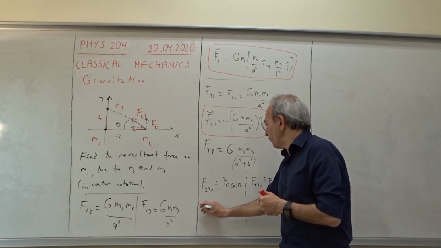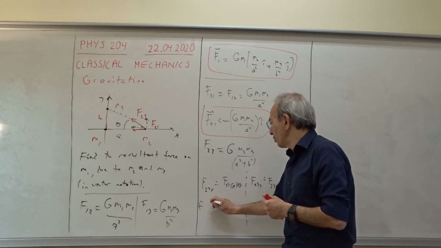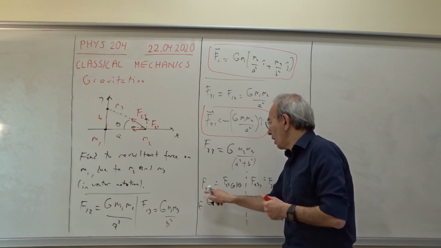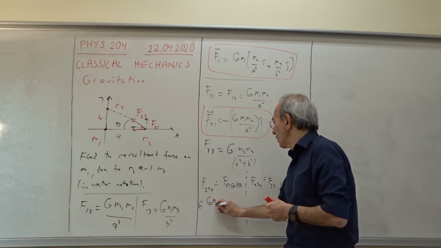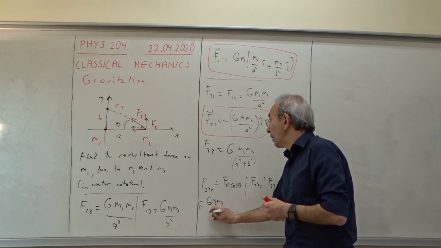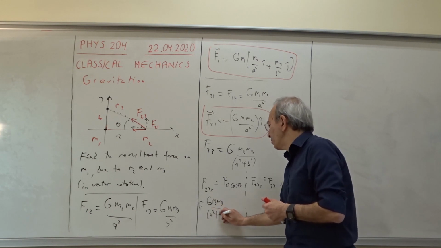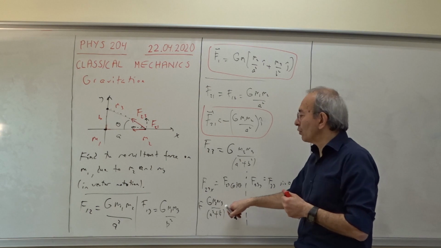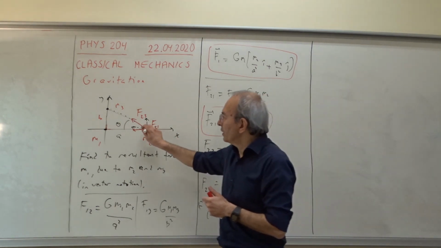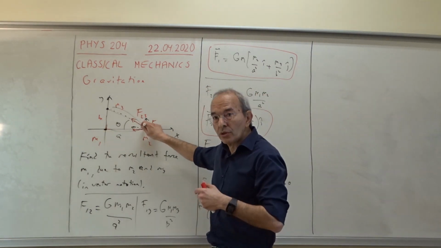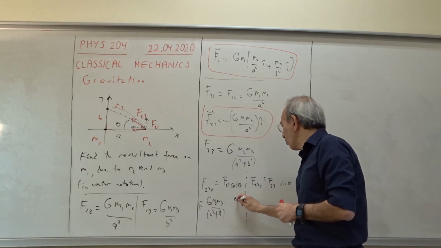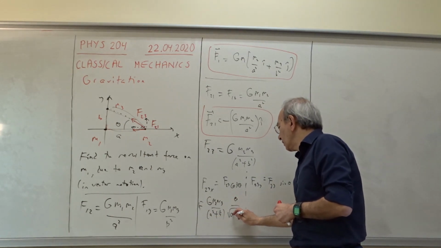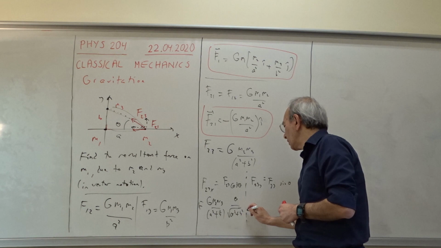So let me write F23 x component, of course, G M2 M3 divided by A squared plus B squared multiplied by cosine theta. What is cosine theta? It is A over root of this quantity, A squared plus B squared.